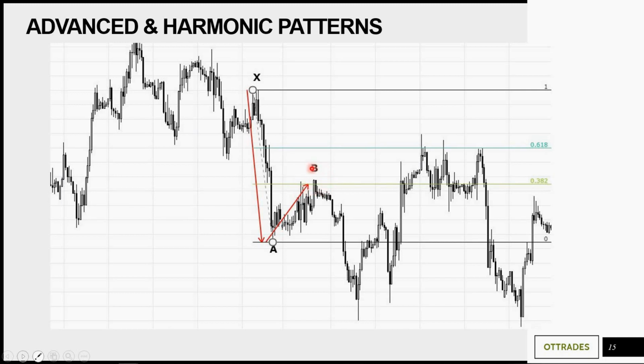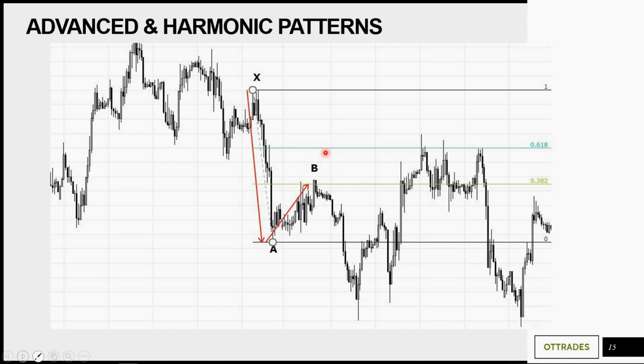For the Cypher pattern, the B point remains valid so long as there's at least a 382 retracement, which we've obviously had. We've got past the 382, at least a 382 retracement of X to A, and no candle close past 618. So if price action moves up anywhere between these two levels, that will be our B point.